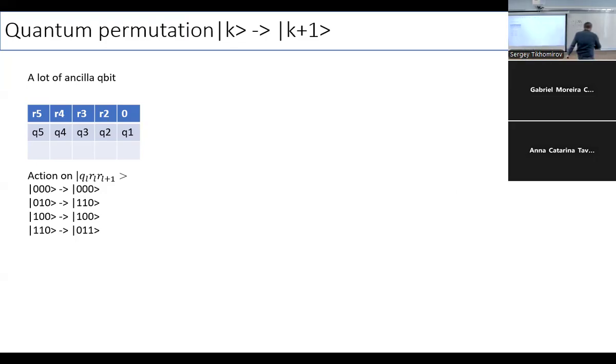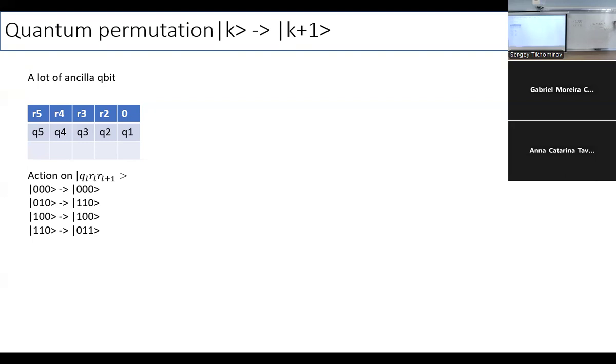So we have Q5, Q4, Q3, Q2, Q1. We want to write +1. We need to have the value Q1 plus 1 here, and we need to understand whether we should add 0 or 1 to the next term. Let us construct such a construction.